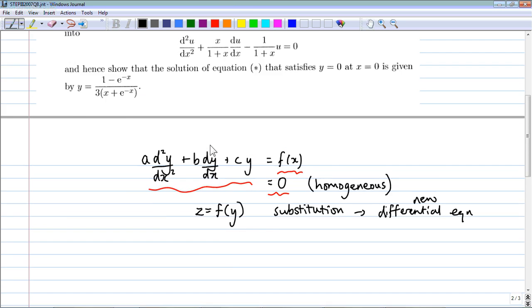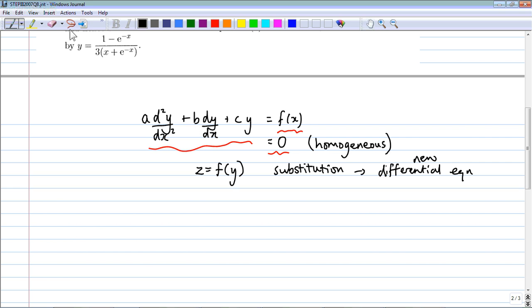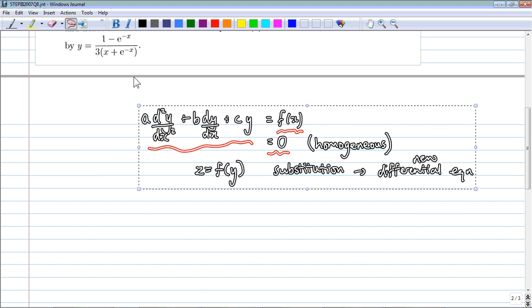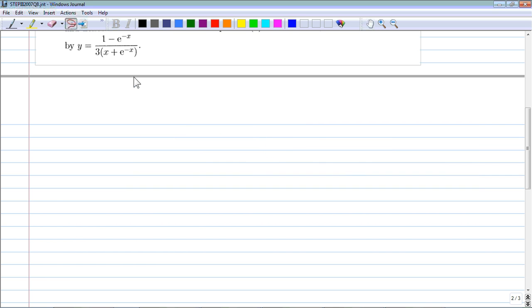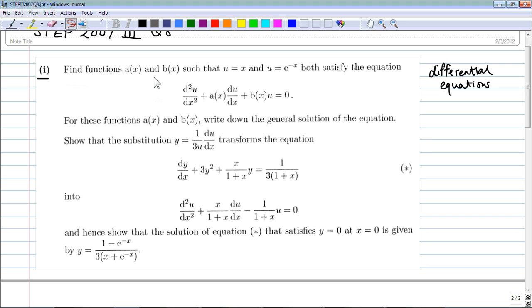Okay, so those ideas, and I won't be too specific, are going to be useful in this question. And if you haven't studied the topic on differential equations in further pure maths, then you almost certainly won't be able to do this question. From now on I'm going to assume you have that knowledge.